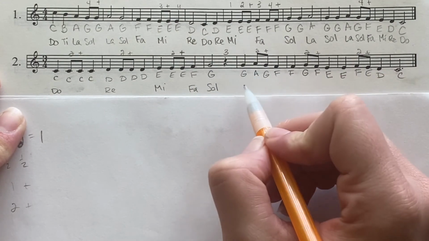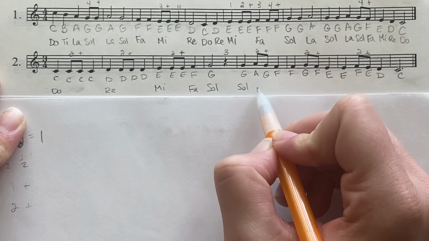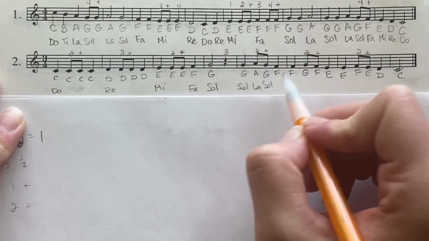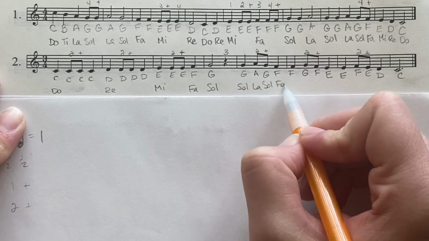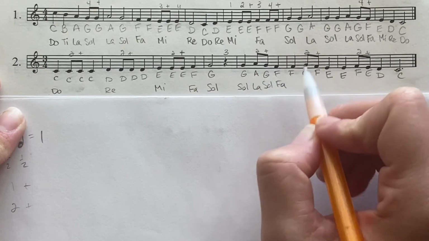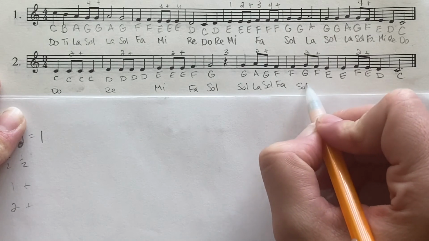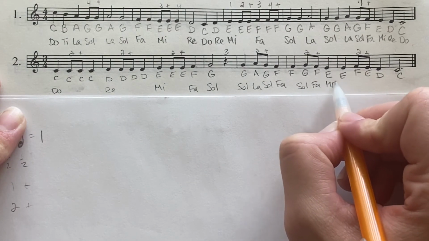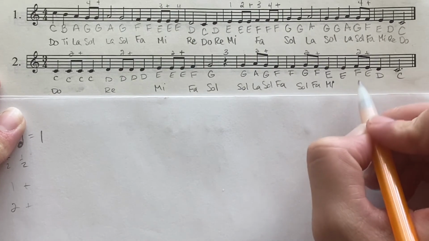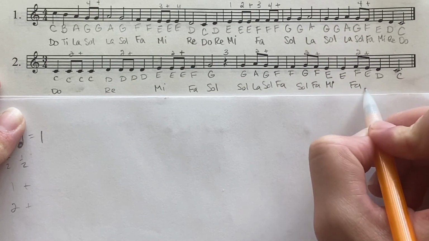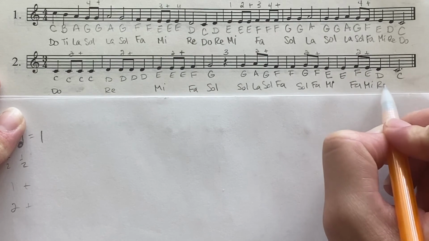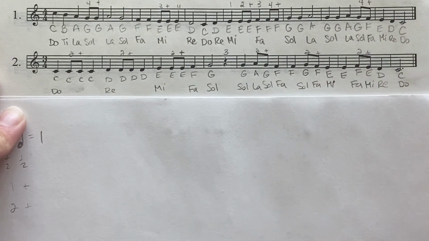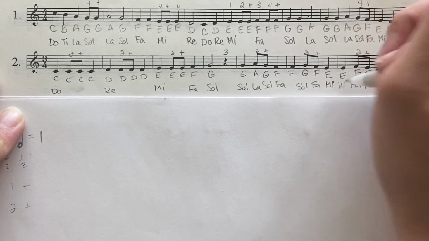Then we stay at sol, up to la, back down to sol, back down to fa. We repeat ourselves. I'm going to leave it there so it's not too squished. Sol. Then we have fa, mi. We repeat ourselves. Fa, mi, re, and do. Okay, so I'll write mi in there too because it's kind of close together.